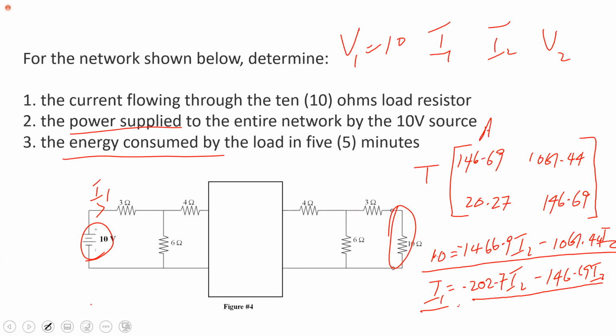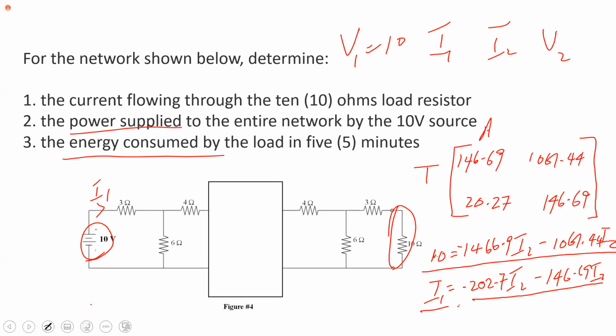Where did I get that from? Wait, 6 in parallel with 3. V1 over I2. So I have here 3 into a short circuit. So I have a 4. Oh my Lord, where did that come from?